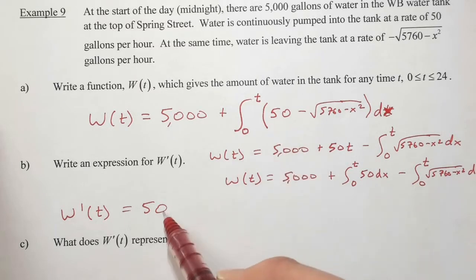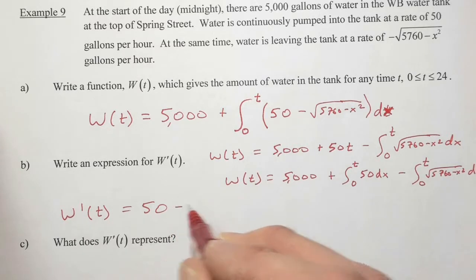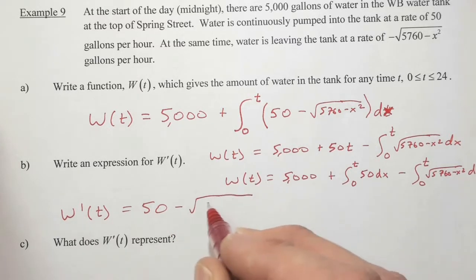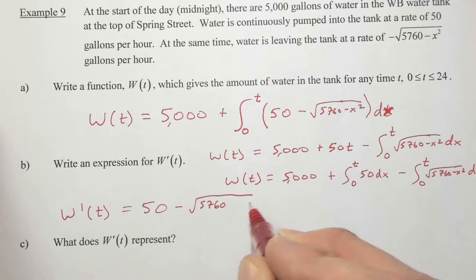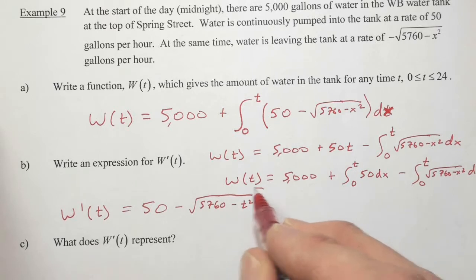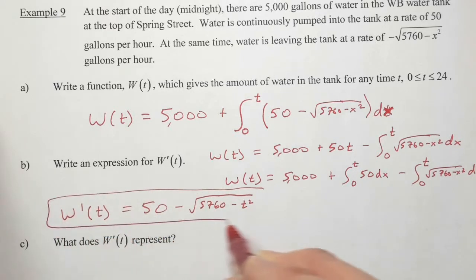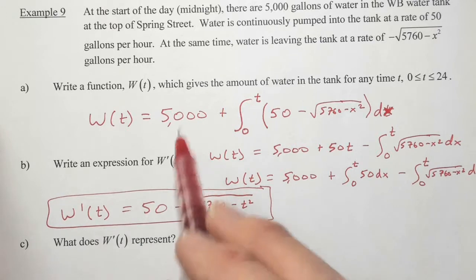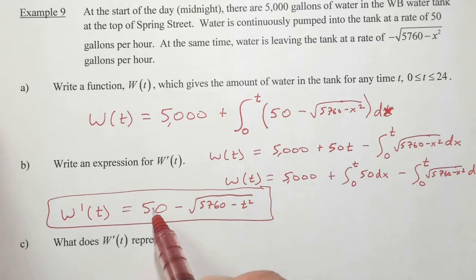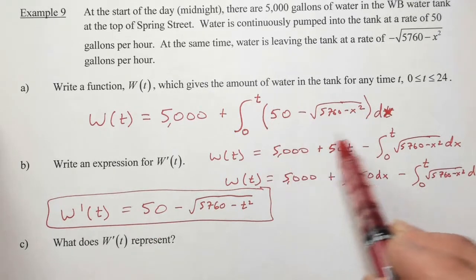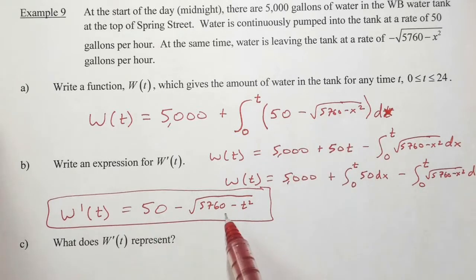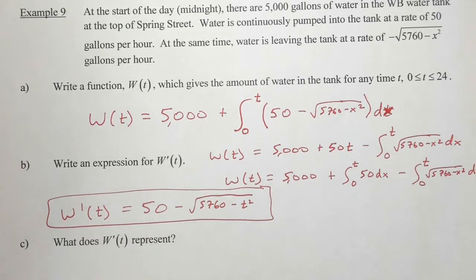So either way, the 50 ends up in our derivative, as does the minus sign, the square root, and then 5760 minus t squared. So our derivative is right there. Notice the initial condition is not part of the derivative, but the entire integrand, all the change, is the derivative, which makes sense because derivative means change.